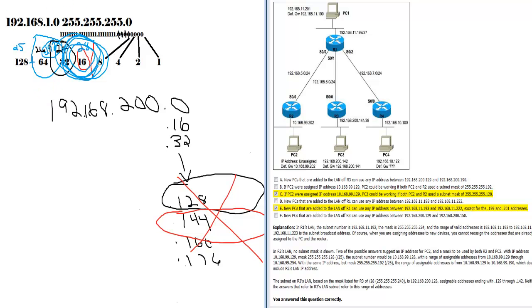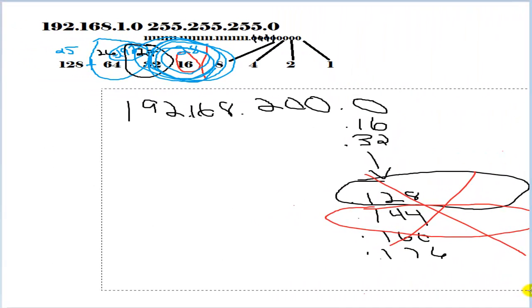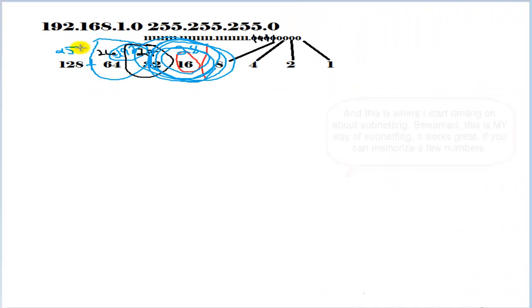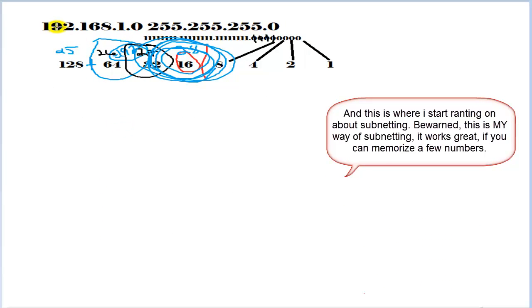So what I meant earlier about this video being Class C related, it just meant these bits here, how they go. Let me just show you, because this is how I learned subnetting. I just memorized this.